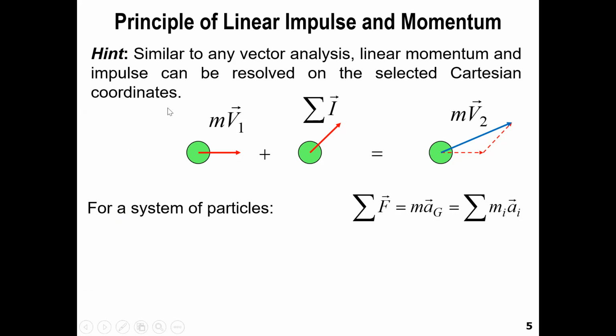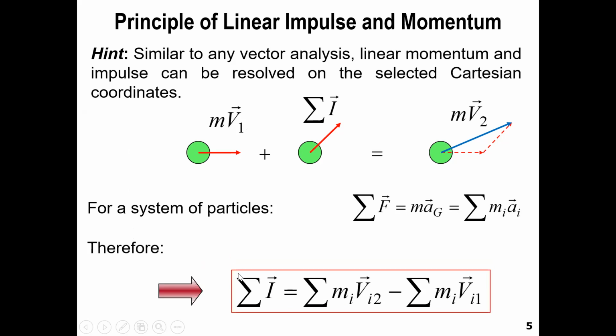Then if you expand this, you're going to get summation over i. Instead of m1v1, you get the summation of m1v1, m2v2 for every particle. So if you have a group of particles, you can replace this single particle term with the summation over particles.